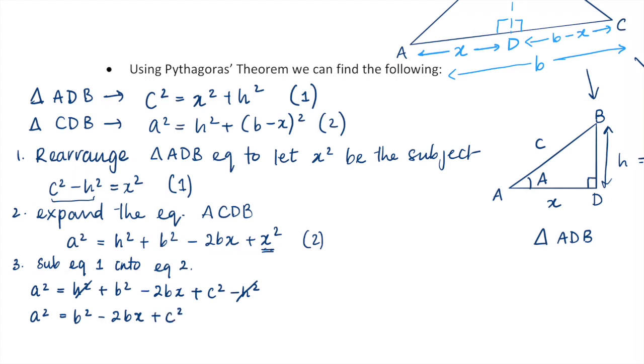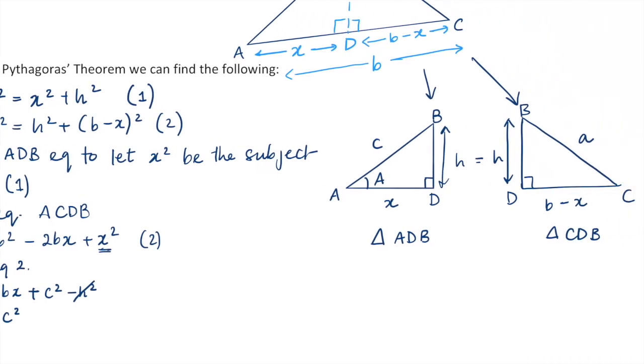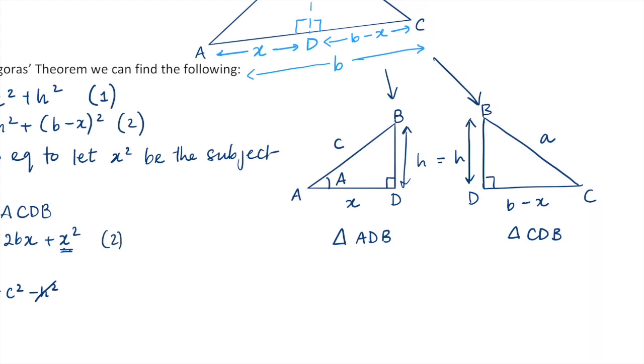Coming back to this now, we've still got a variable here, and I'm going to highlight that it's the variable x that we're after, that we can flesh out a little bit further. So if we come back to triangle ADB, let's take a look at this triangle here. If I asked you to find the length x using triangle ADB, you'd automatically think the trigonometry ratios, and in that case you would be correct.